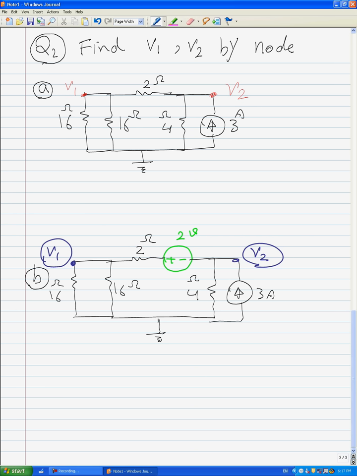But in part B, we should use a supernode in order to solve the question in part B. Let us start to solve part A. The question in part A should be solved easily by only the current divider law, which we mentioned before in tutorial 1.